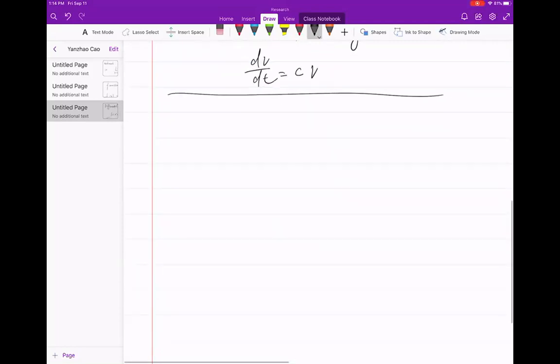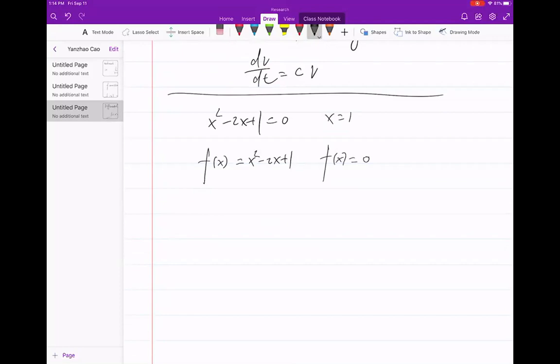A second way to think about it is from mathematics, purely mathematics. We know how to solve this, and the answer is 1, because we define a function f(x) equals x squared minus 2x plus 1, and then we ask, when will this f(x) equal 0? After that, we found this is awesome. Can we throw in something other than a number and try to do the same thing?